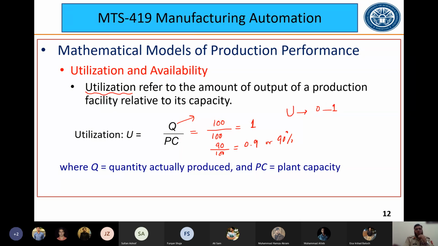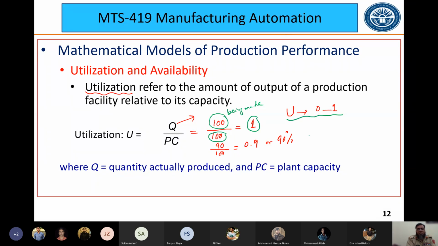Utilization and availability are the two terms which I am introducing now. Listen carefully. Utilization refers to the amount of output of a production facility relative to its capacity. Let's see how: if 100 units is its capacity and it is making 100 units Q, the plant has a capacity of making 100 units, so its utilization would be 1.